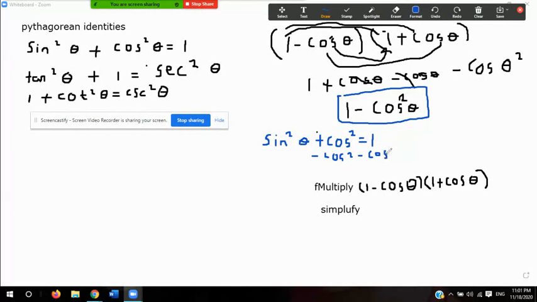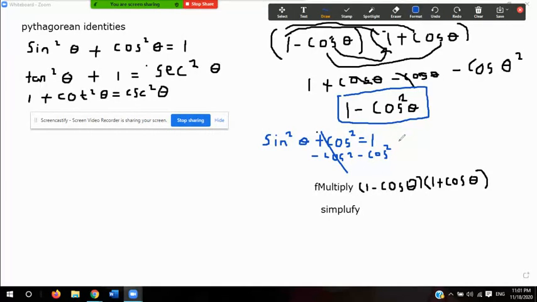Once I did that multiplication and got 1 minus the cosine squared of theta, in order to simplify it I have to rearrange the Pythagorean identity, sine squared of theta plus cosine squared of theta equals 1, by solving for the sine.